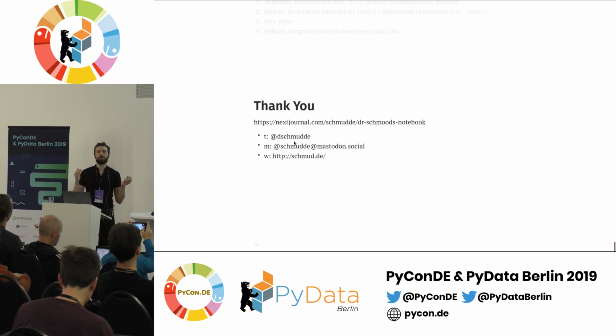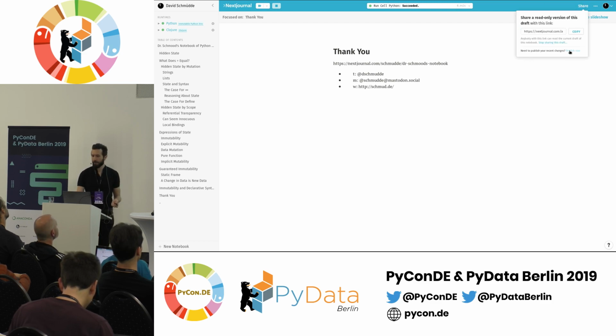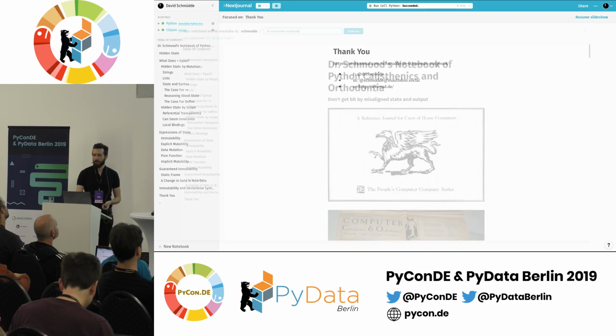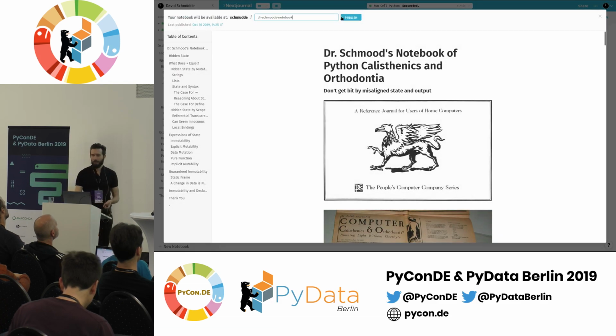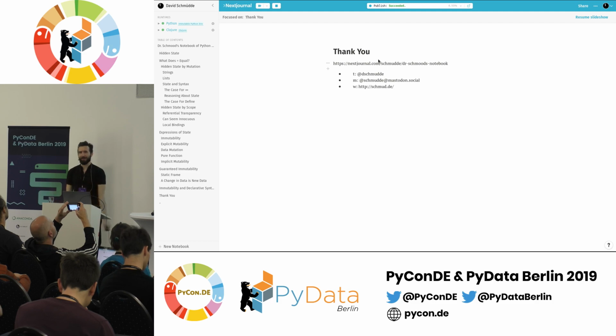We don't have to rely on GitHub. For example, with something like Nextjournal, this notebook, I've run it in this presentation, and now I'm going to publish it at this URL, and now it's available at the URL on the screen, and anybody can come in and rerun it, rerun the Clojure code, rerun the Python code, use the data that I have. It's all right there in one package. Okay, so go forth and program. Thank you.